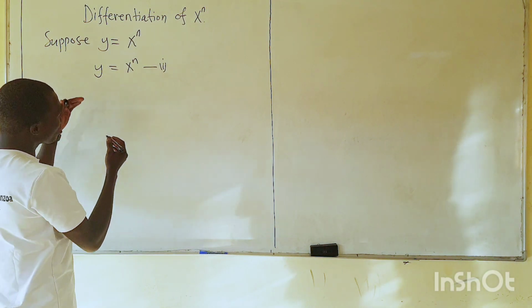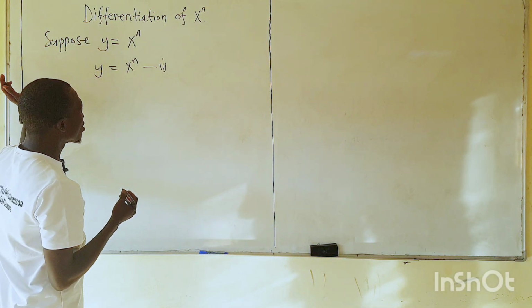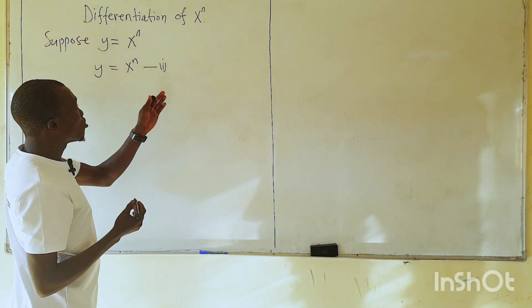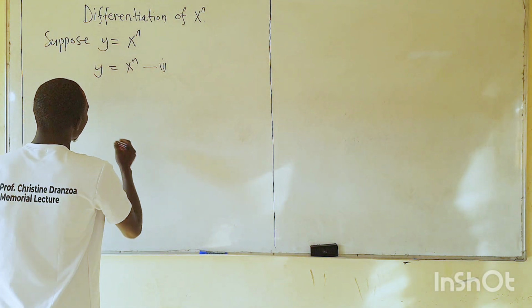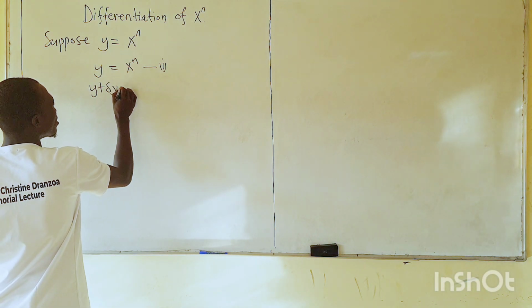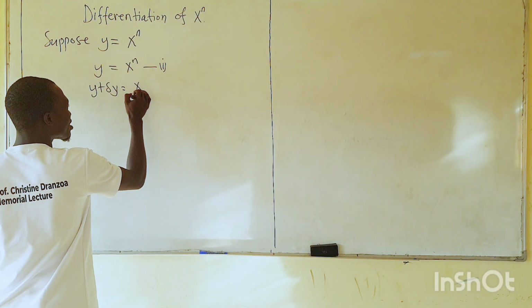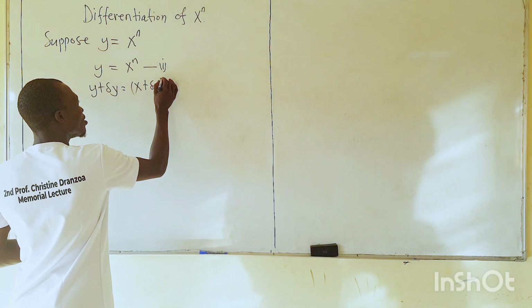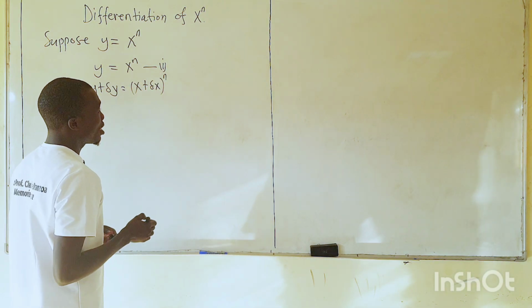So from there, we add small increment in y on the left-hand side and small increment in x on the right-hand side. So we shall have y plus delta y, which is equal to (x plus delta x), then it is raised to power n.